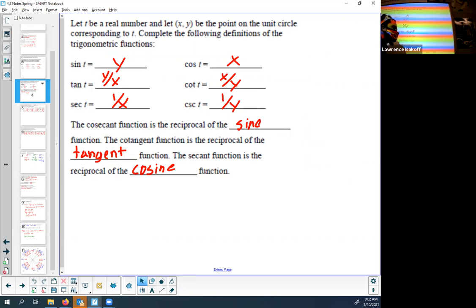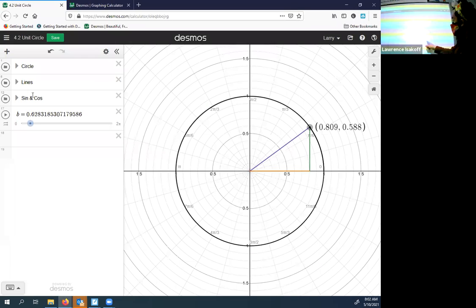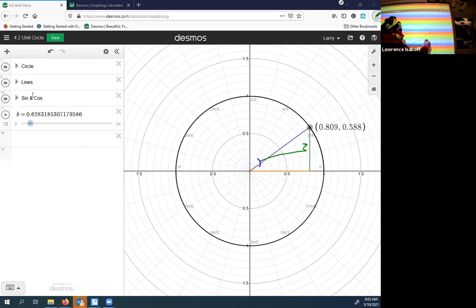So when we talk about the unit circle, if we want sine, sine is just our y value. If you recall, sine is always opposite over hypotenuse. So if I'm at this angle in here, green is opposite that.